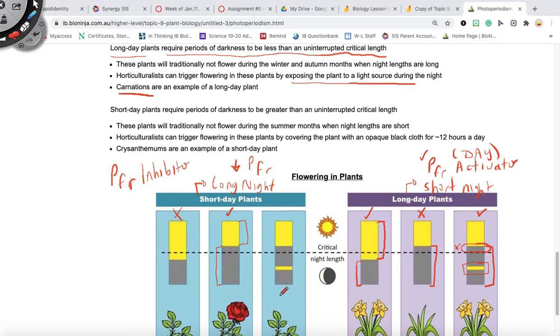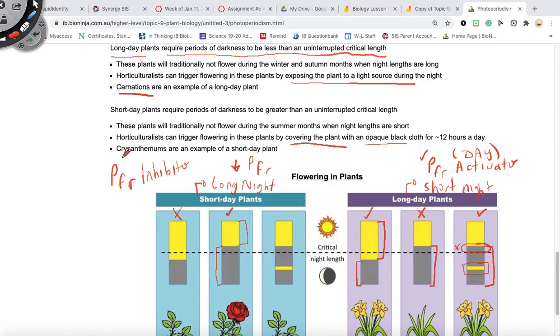And let's say that you are also manipulating these in the laboratory. Well, you can actually get these short day plants to bloom if you put them in the lab and you just cover them with an opaque black cloth for approximately 12 hours, right?